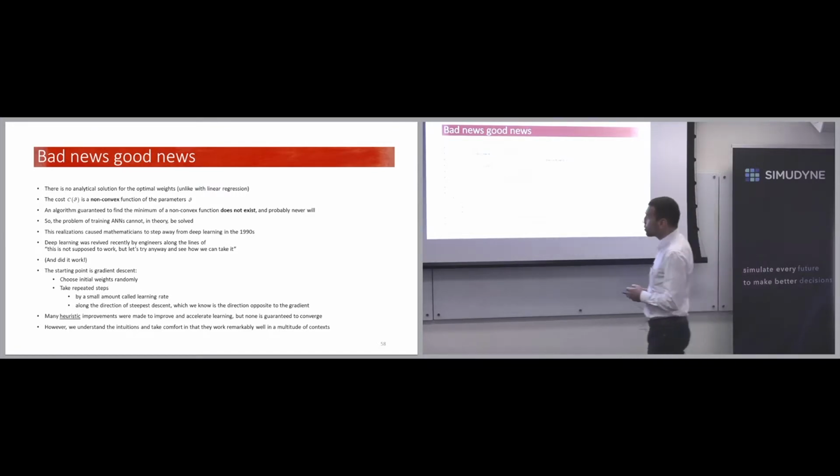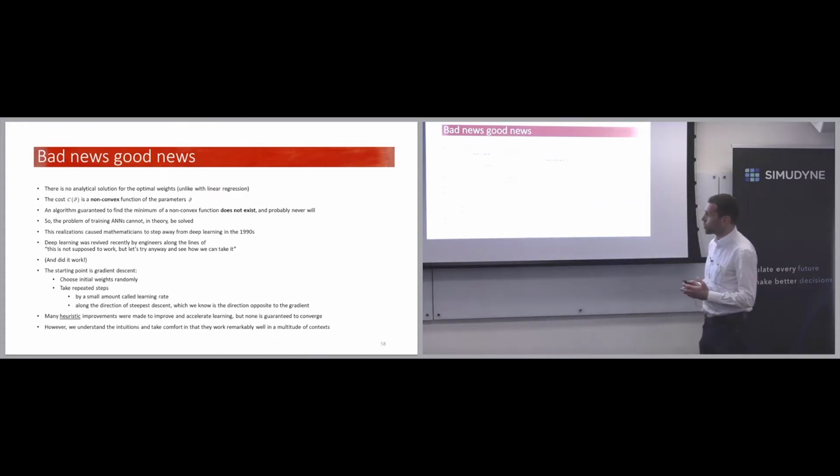However, again, about these heuristic improvements, if you look into them, they are very intuitive. So the intuitions behind them are understood, and we can take comfort in that they work remarkably well in a large multitude of contexts.